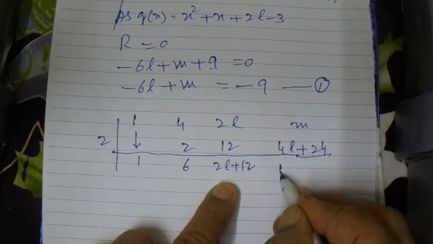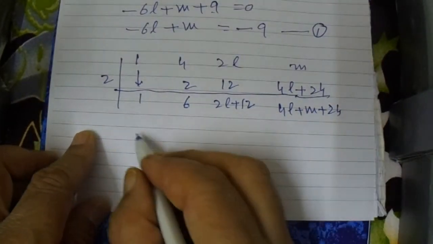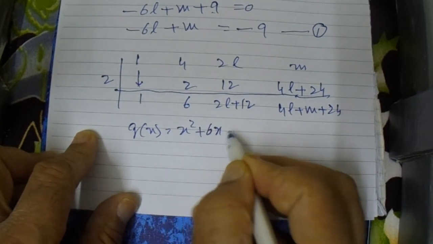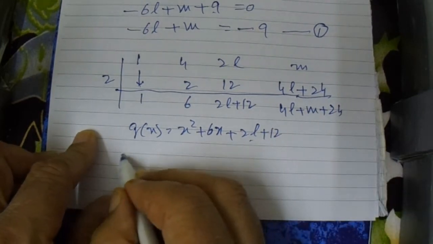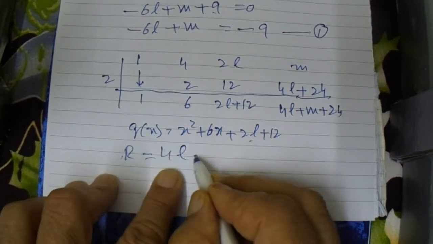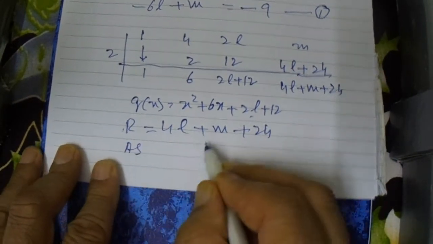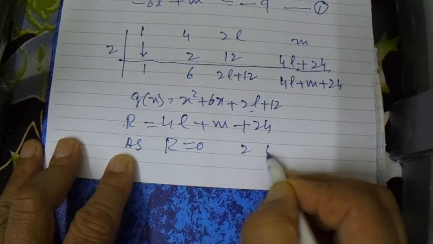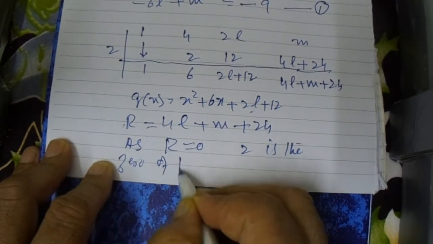We write here 4l plus m plus 24. The quotient q(x) is x² plus 6x plus 2l plus 12. The remainder r is 4l plus m plus 24, and we write r equal to 0 because 2 is a zero of the polynomial.